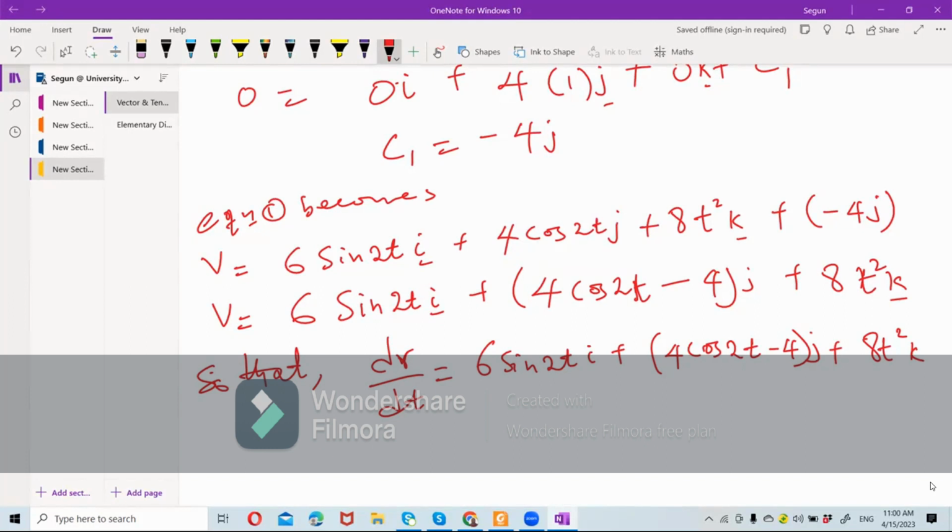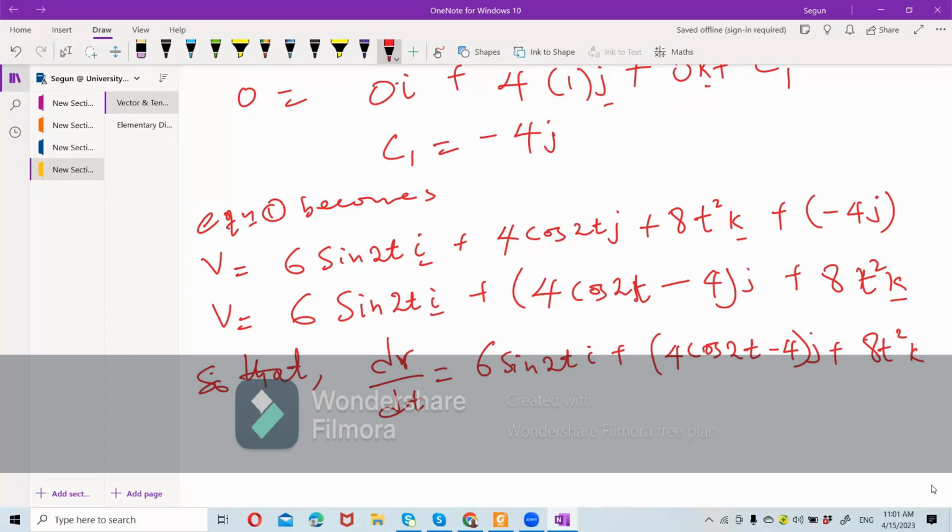Remember that when you get your velocity, by the time you differentiate that displacement, you have your velocity. I hope you remember that?